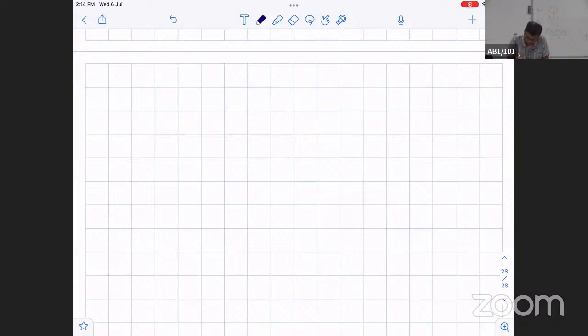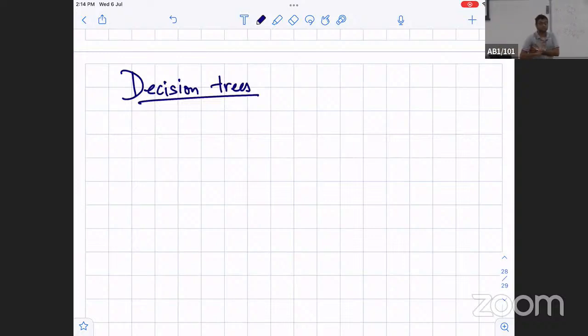Okay, so decision trees are again used for both classification as well as regression. This algorithm does well, and it is easy to understand and easy to interpret. Okay, so here is how it works.